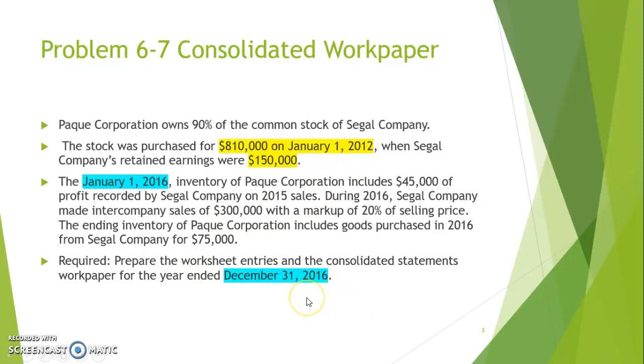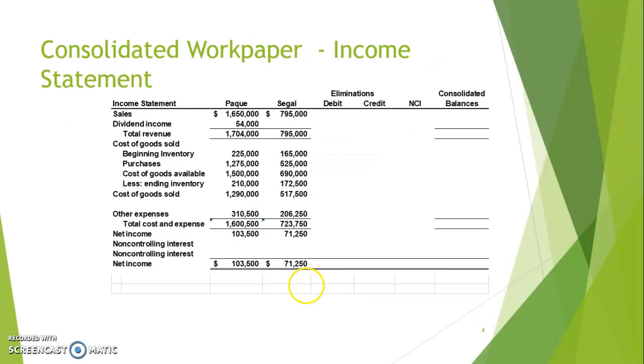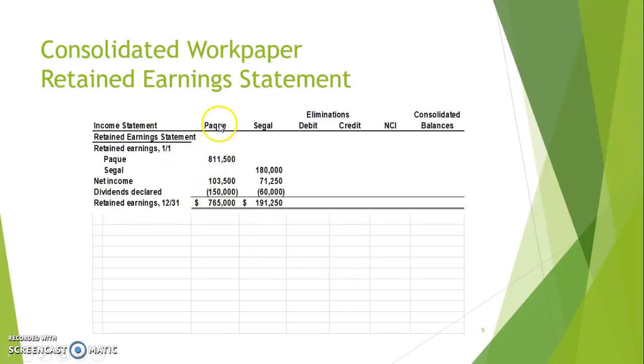So we have to deal with issues related to post-acquisition profits. Now the financial statements have been prepared for the parent. So you have the income statement for the parent, and you have the income statement for the sub. In addition, a statement of retained earnings for the parent and a statement of retained earnings for the sub.